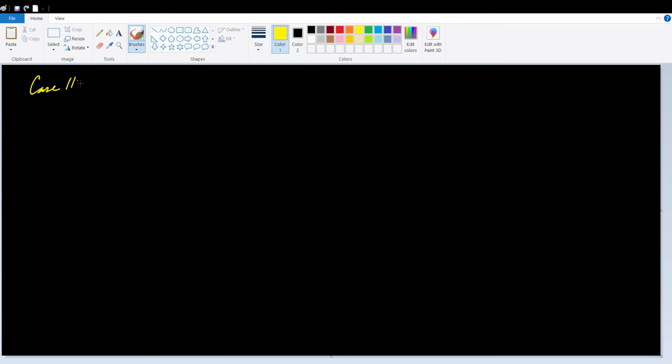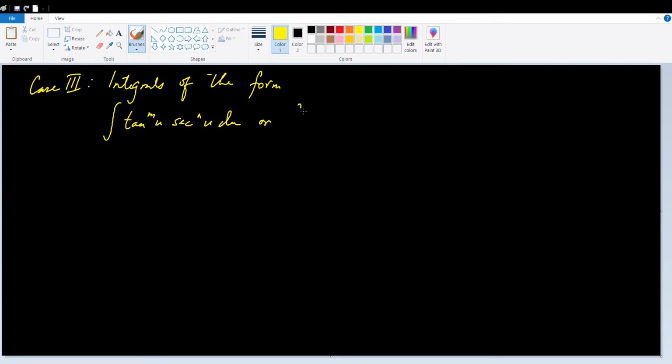For case 3, we have integrals of the form tangent to the mu, secant to the nu du, or cotangent to the mu, cosecant to the nu du, where n is a positive even integer.